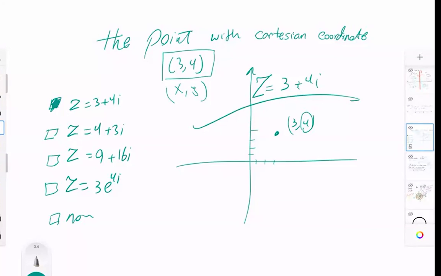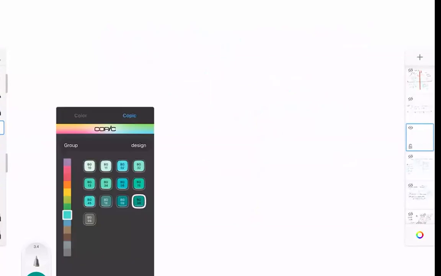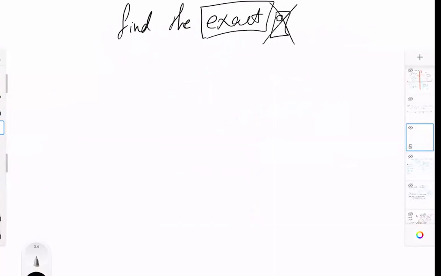We just solved this, Brian. Because your camera is up, I will solve it again. They're saying find the exact value of r and x. The word exact means no calculator, correct? We have a right triangle.